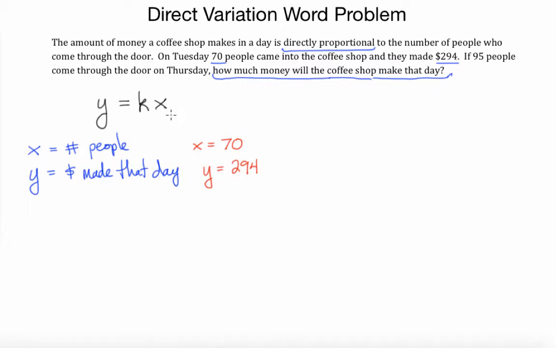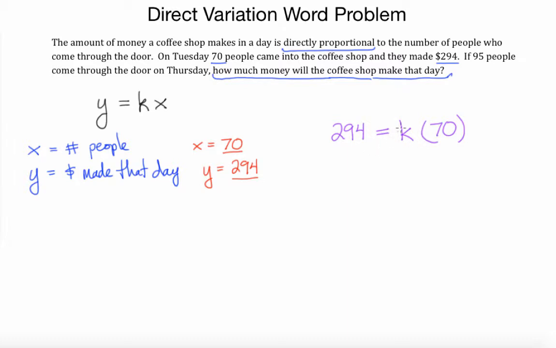I know some specifics about this relationship, and I can use that to help us find k. So I'm going to substitute this value of 70 in for x, this value of 294 in for y, and I'm able to write this equation. 70 times some constant k is equal to 294.